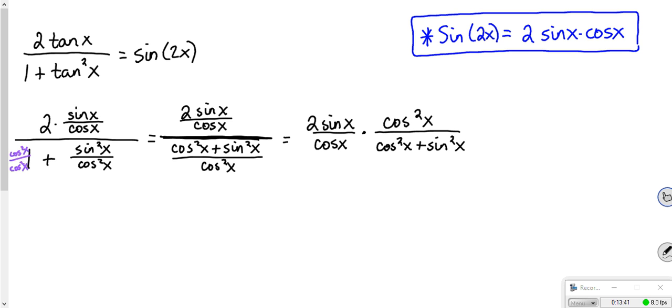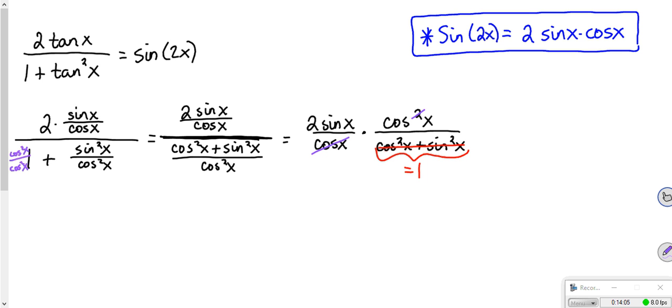Now, cosine squared x plus sine squared x, one more time, is the trig identity, and that just equals 1, right? So I'm just going to mark through it. It just equals 1. Now, you notice one of these cosines will cancel with one of those on top.